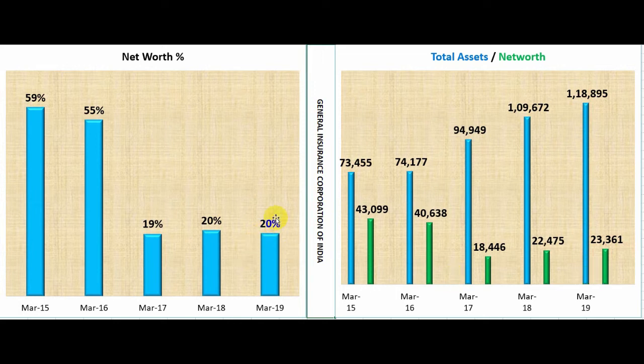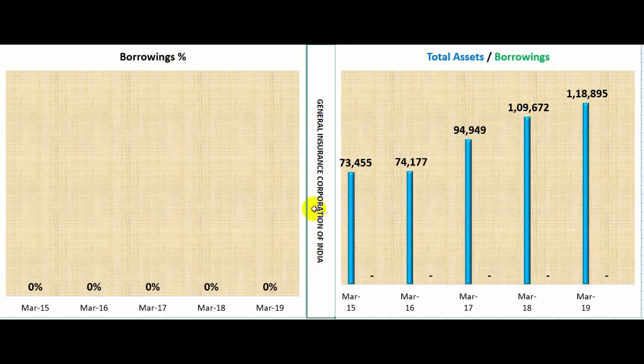We want this to be as high as possible, but for the last 3 years it has been consistently around 19 to 20%. Since the company has no borrowings, it does not make sense to compare this table or graph here, so we'll skip this. But as we see, the total assets of the company have been consistently increasing from March 15 to March 19.